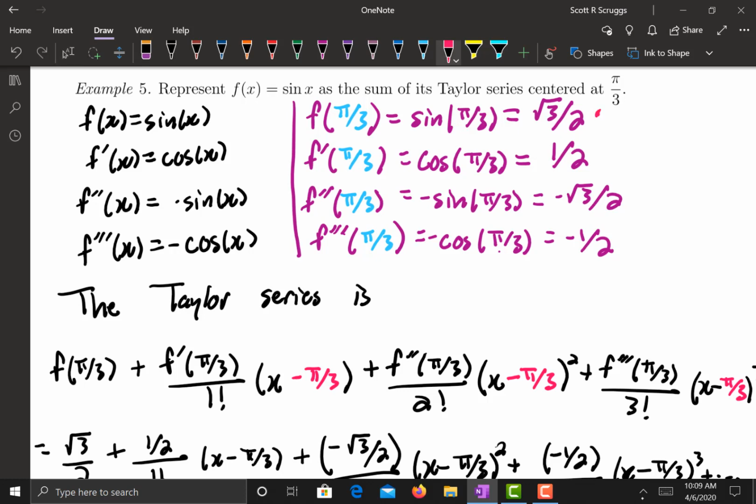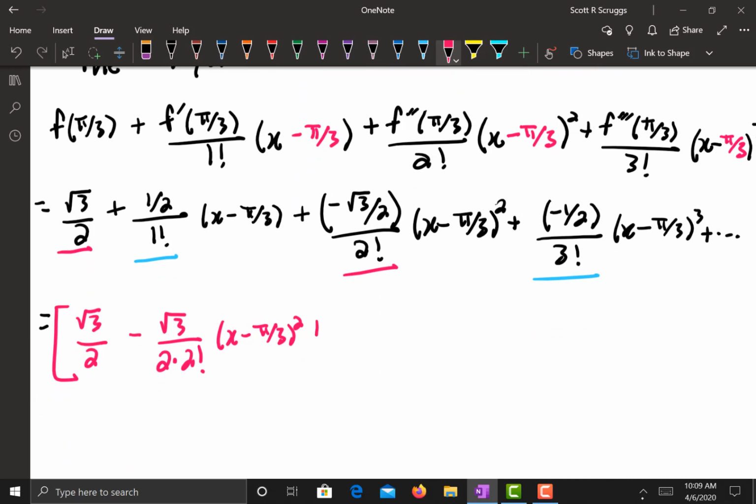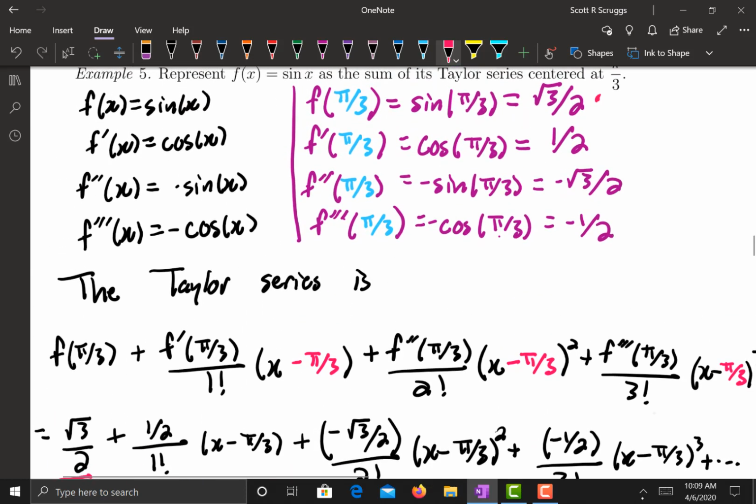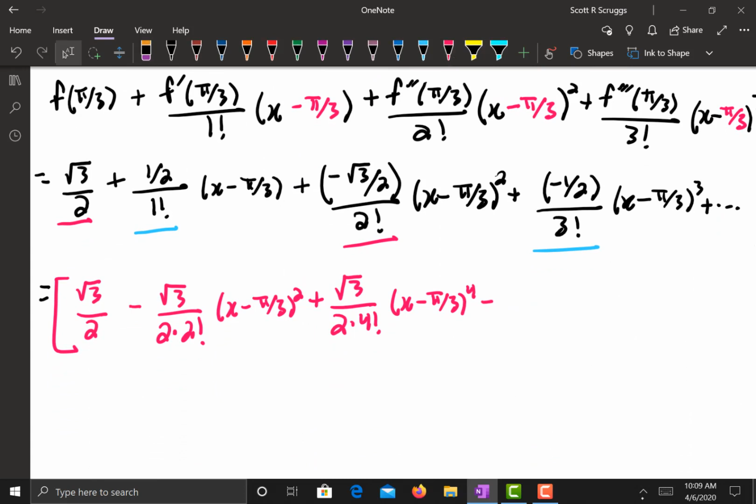So my coefficient will be root 3 over 2. So it would be root 3 over 2 times 4 factorial, x minus pi over 3 to the 4th power. And then the 6th derivative would be negative sine again. So negative root 3 over 2 times 6 factorial, x minus pi over 3 to the 6th power, and so on.